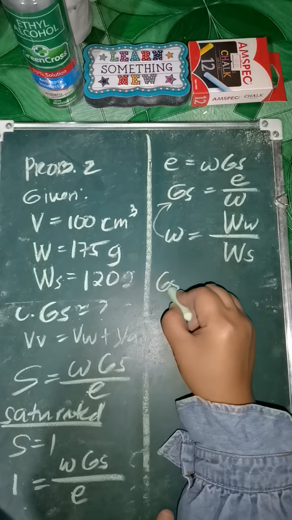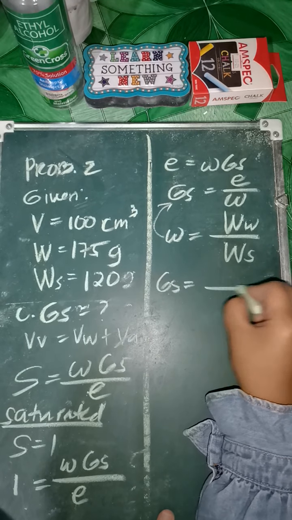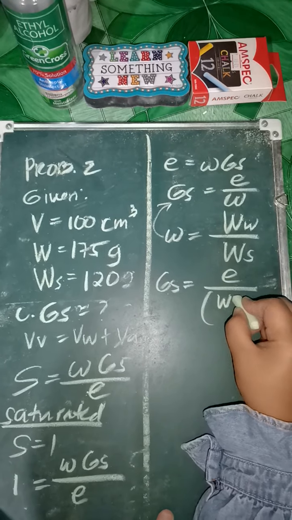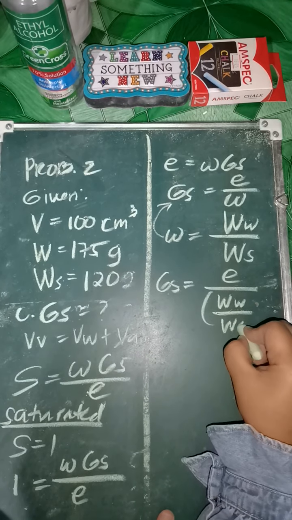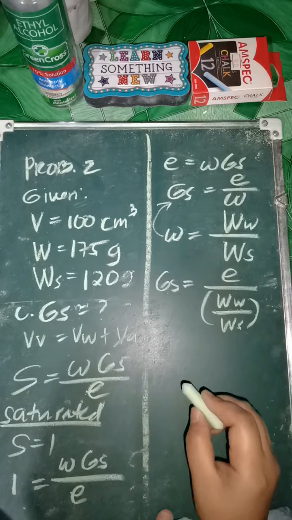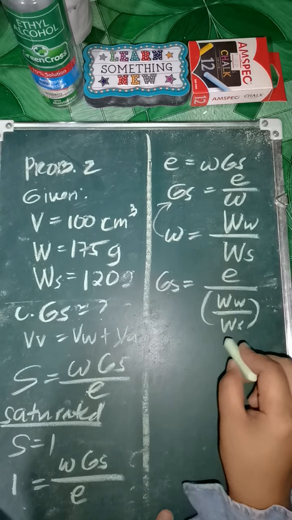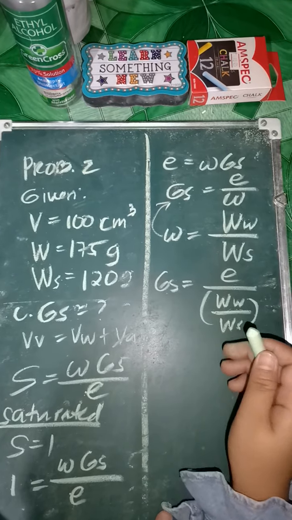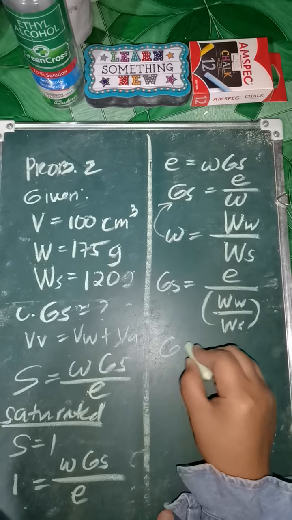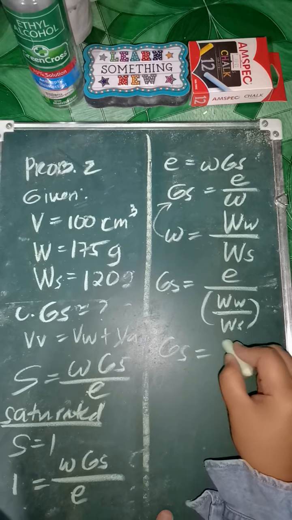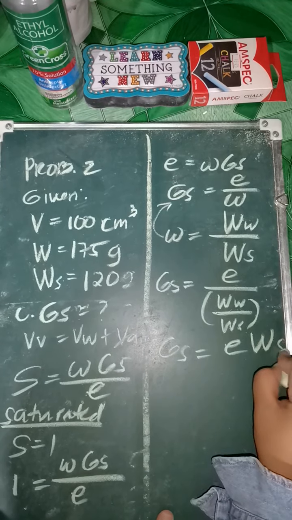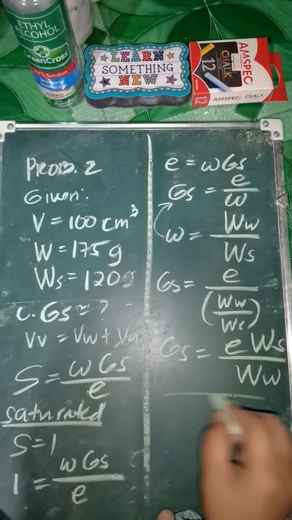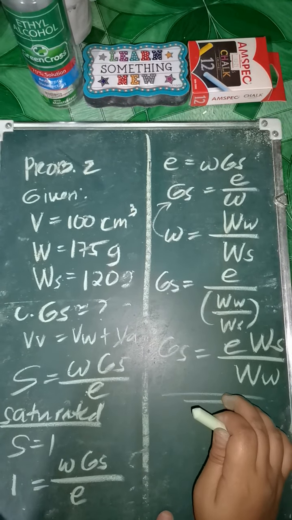So we have Gs equals to E over weight of the water over weight of the solids. So we can have an equation also in relation to the void ratio and the weights, weight of the water and weight of the solid. So we have Gs equals to E times the weight of the solid over the weight of the water.